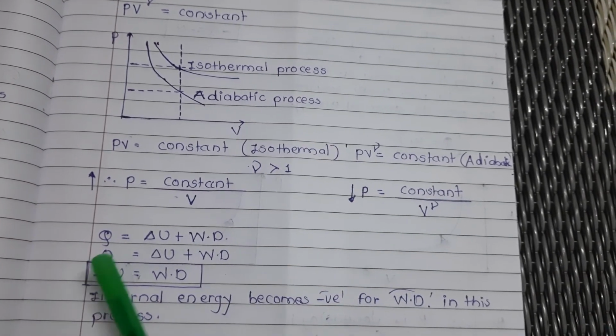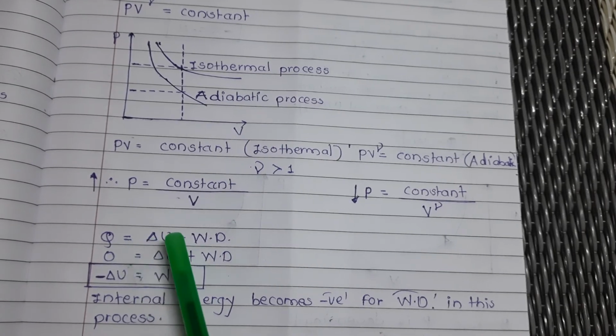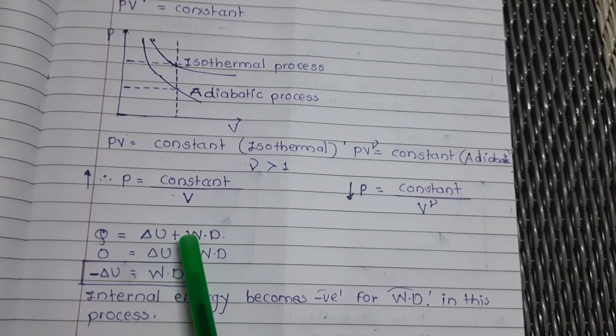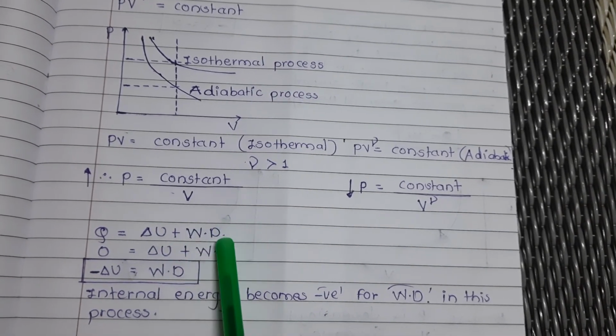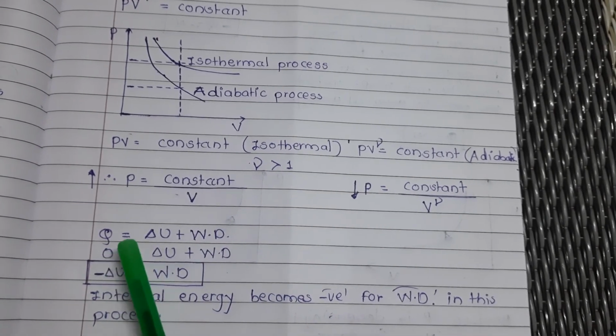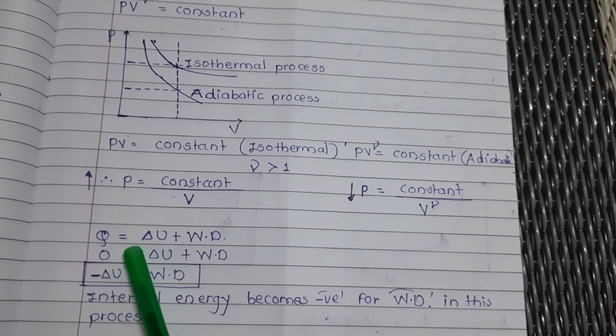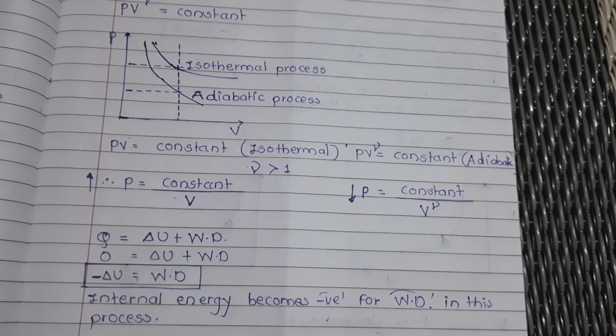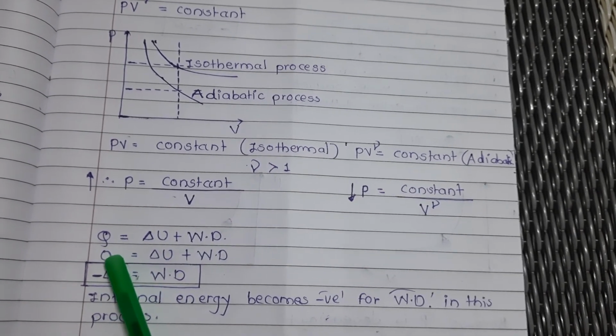Okay. Now Q is equal to delta U plus work done. We know that. But in an adiabatic process, no heat is added to or withdrawn from the system. Hence, Q is equal to 0.